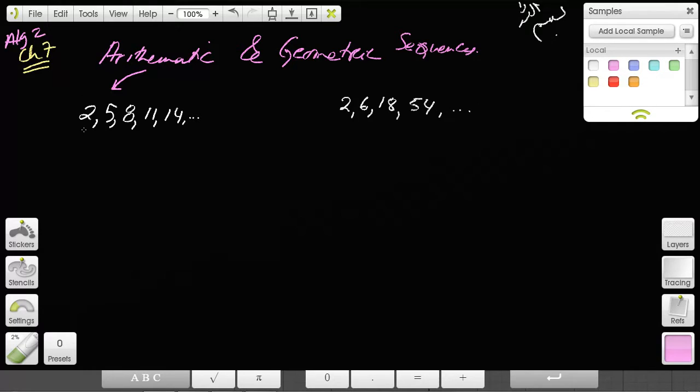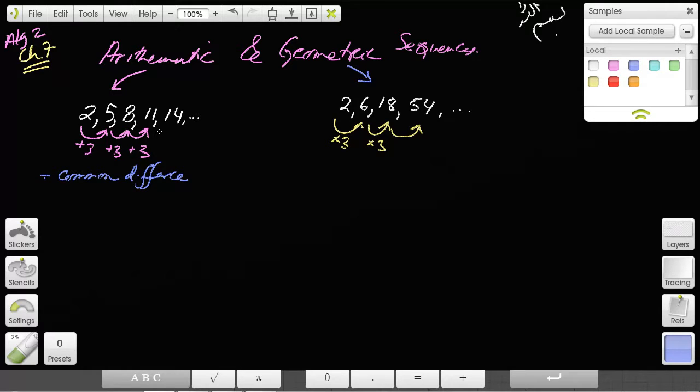In an arithmetic sequence, you're always adding something to get to the next term. In this case, I added 3, and here I multiplied by 3. Whatever you're adding in an arithmetic sequence is called the common difference.